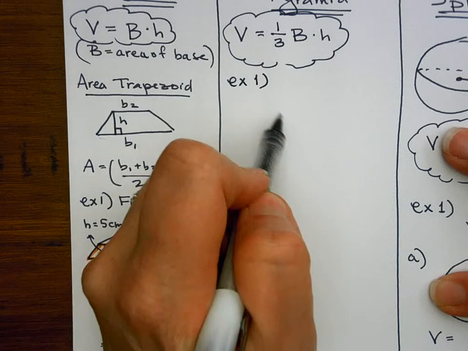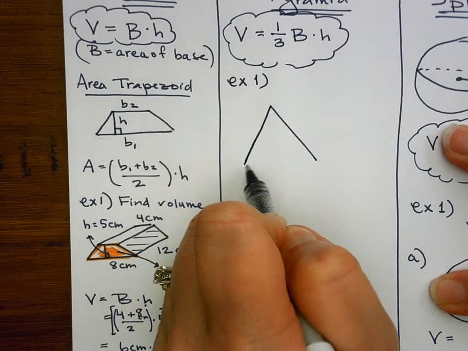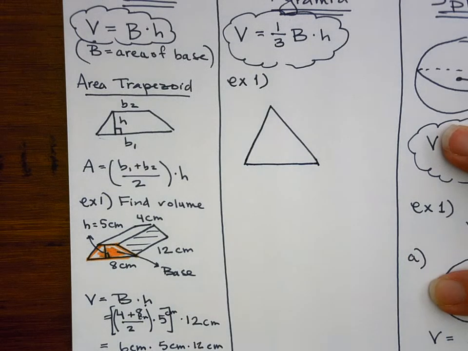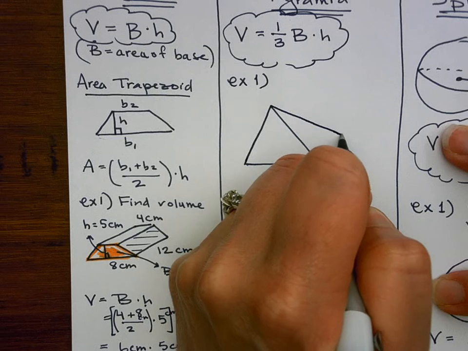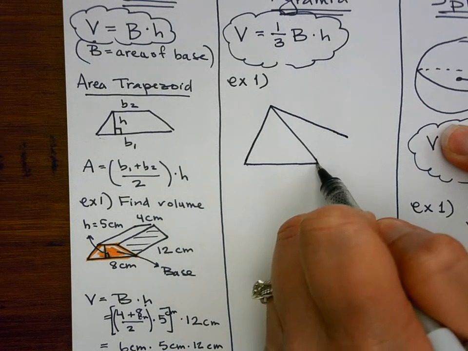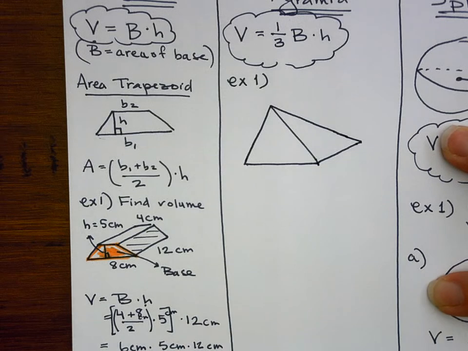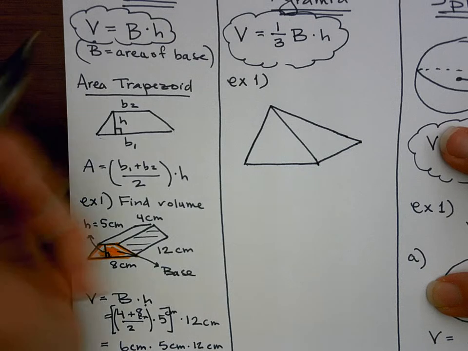So I'm going to draw a triangle first. And then one off to the side here. So this is not going to be all that great because I'm not very good at drawing three-dimensional figures here. So we're just pretending this is a pyramid, like the Egyptian pyramids.